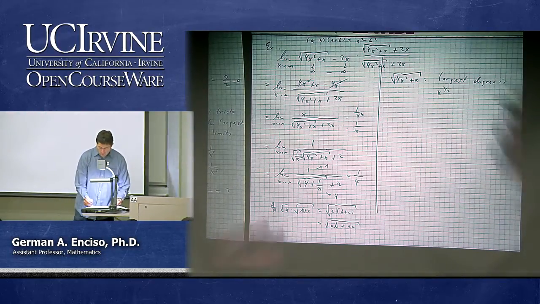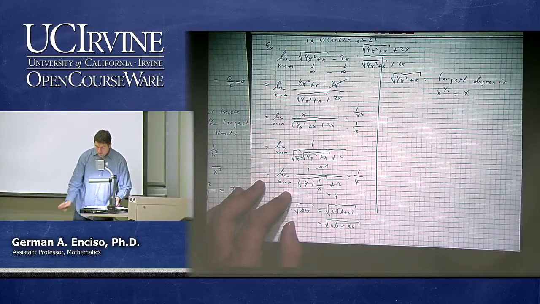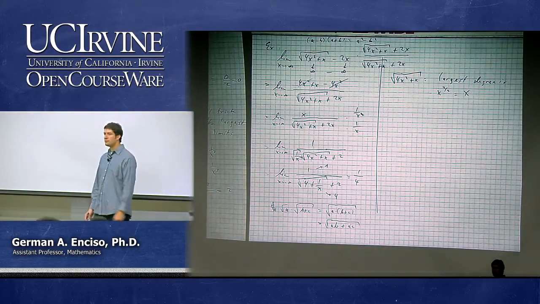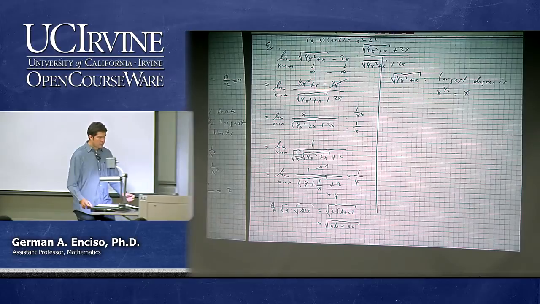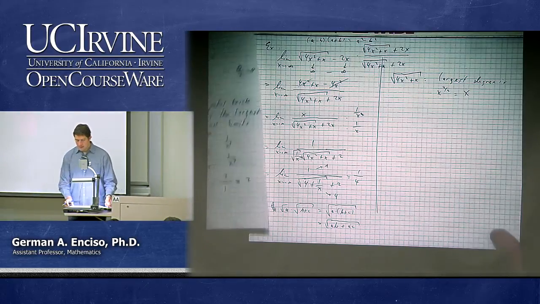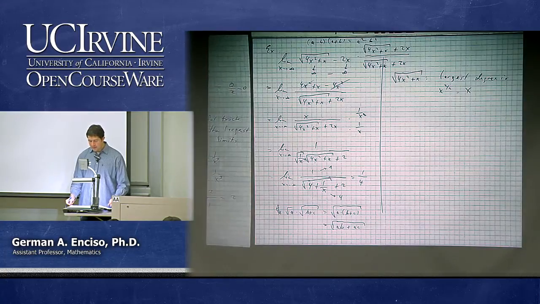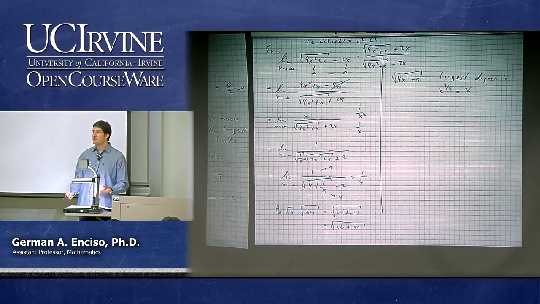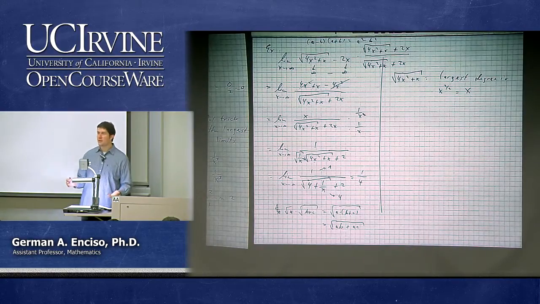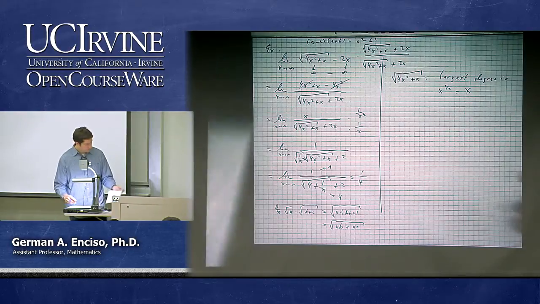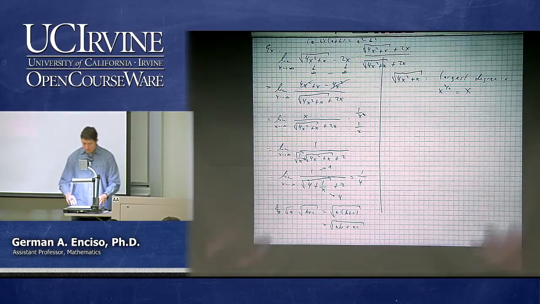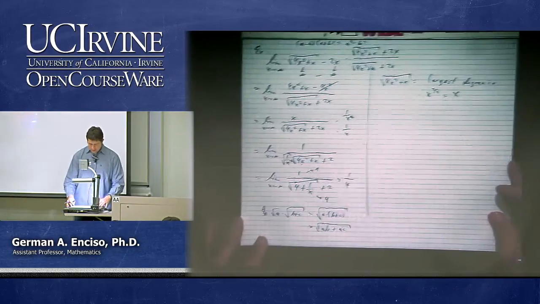In other words, the square root of x squared is equal to x. It's just a rule of thumb. It's nothing particularly precise. The bottom line is you can multiply by different exponents of x and see which one works best. And in this case, the largest exponent is more or less x. Okay, any other questions?